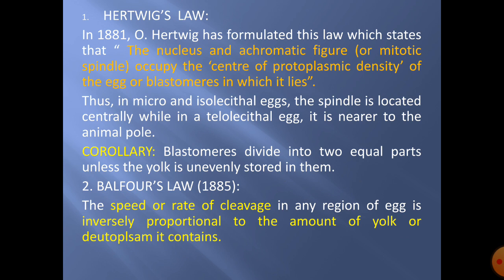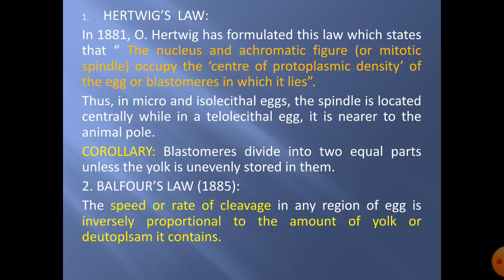Hertwig in 1881, which states that the nucleus and achromatic figure, that is mitotic spindle, occupy the center of protoplasmic density of the egg or blastomere in which it lies.